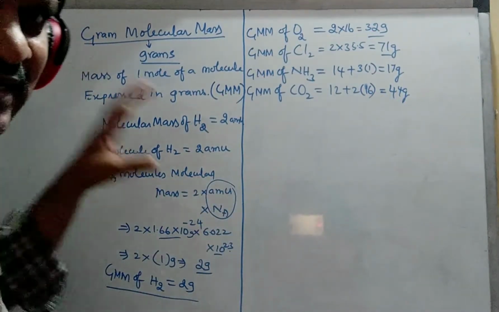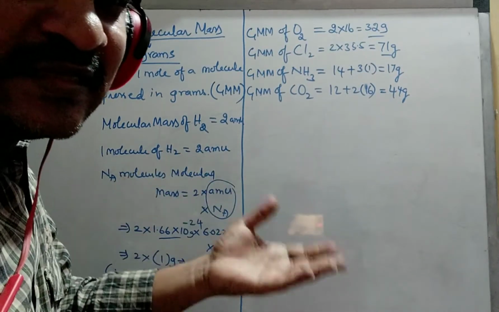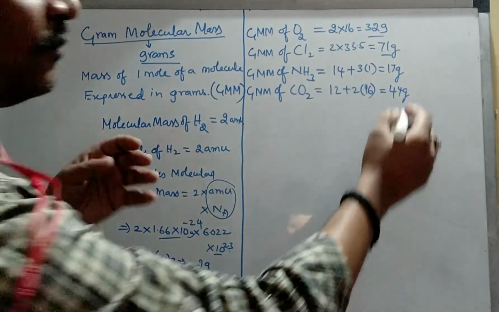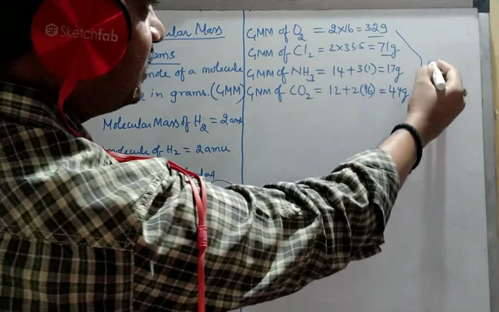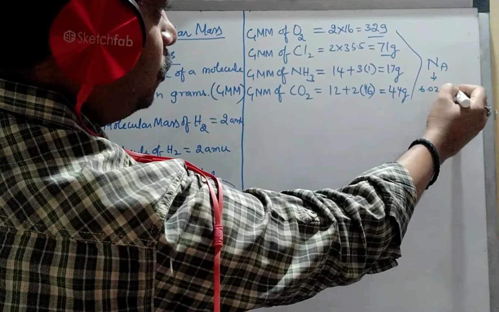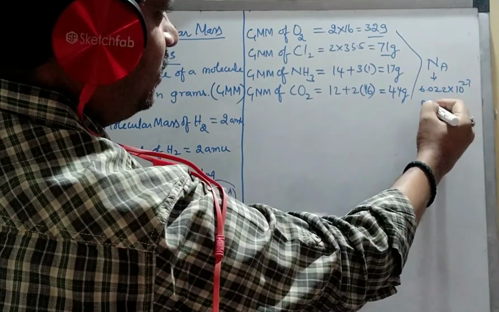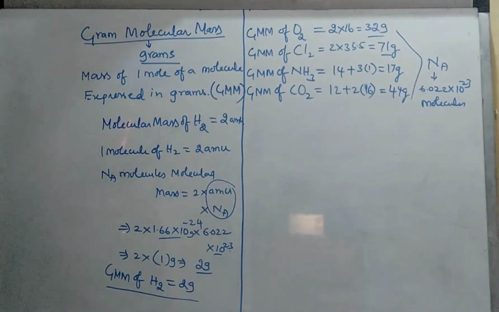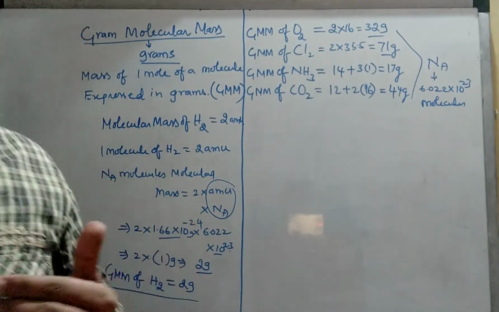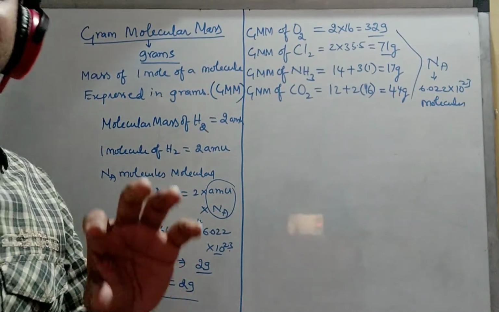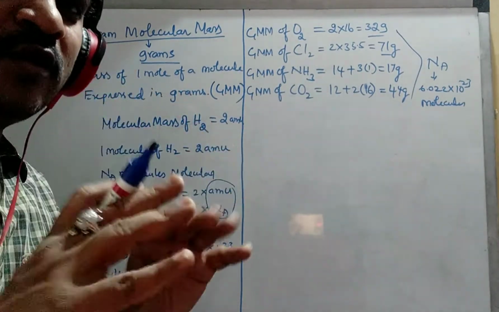In all these cases, the number of molecules is nothing but Avogadro number, that is 6.022 into 10 power 23 molecules. So if the molecular mass is expressed in grams, that is called gram molecular mass.